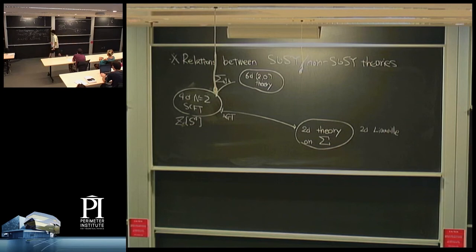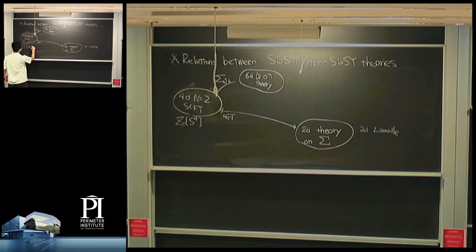Or you can start with other quantities, for instance the index. So I can start with the index on S3 times S1. And then here we have 2D q-deformed Yang-Mills. This is a story by the Stony Brook group: Gadde, Rastelli, Razamat, Yan.